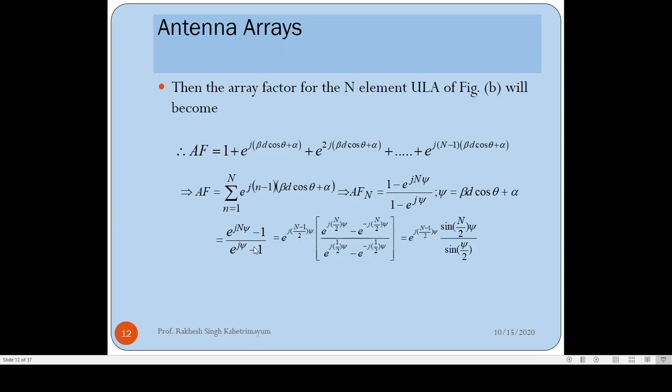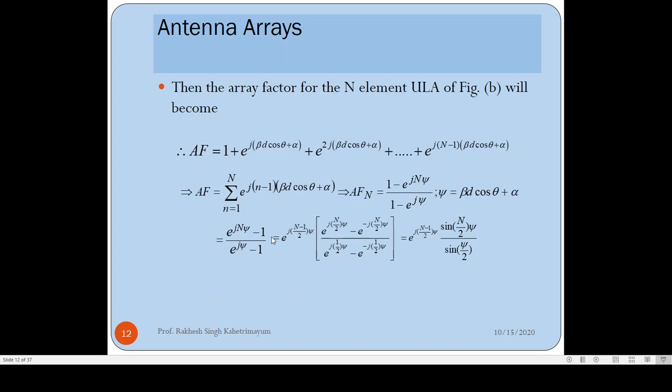Now you can take out common exponential j (N minus 1) by 2 psi. In that case, the expression will become like this. From the numerator you take out common exponential j N by 2 psi, and from the denominator you take out common exponential j half psi.